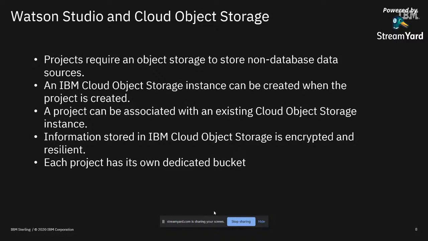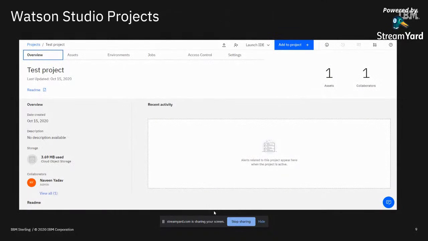Similar to S3, in COS everything is stored as a bucket. Whenever you instantiate any service through Watson Studio, a dedicated bucket is created, and all the assets you add in Watson Studio get stored in your Cloud Object Storage. That is what this tells.